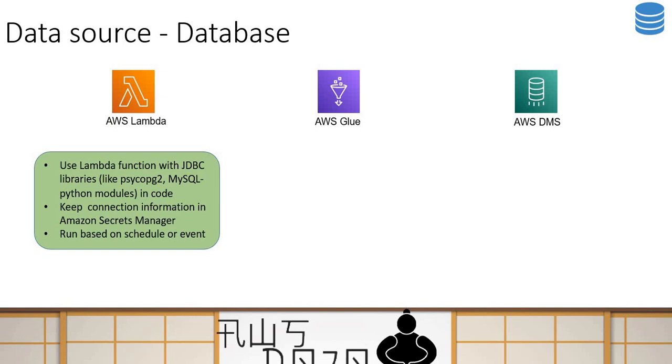Generally you keep your connection information in Amazon Secrets Manager, like your host name, your port, your login name, password, securely. And then you run this Lambda function based on schedule or event to ingest data into your data platform, say an S3 bucket. Okay, so that's the Lambda function approach.